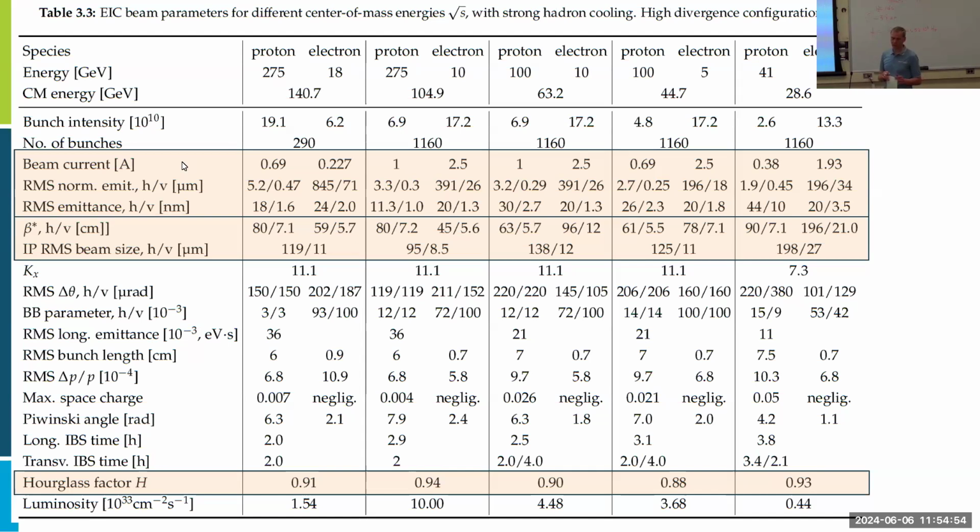Therefore, naturally electron bunches are flat. And therefore, we have to match the proton bunches to be flat as well. And we match both beam sizes to match the electron beam size. So 95 and 8.5 micrometers. Let's convert it to meters for now. So 10 to the minus 12 meters.